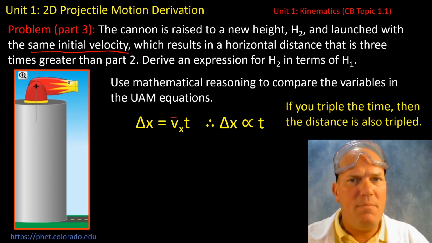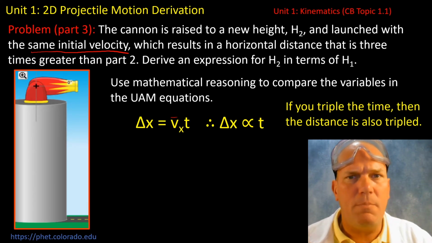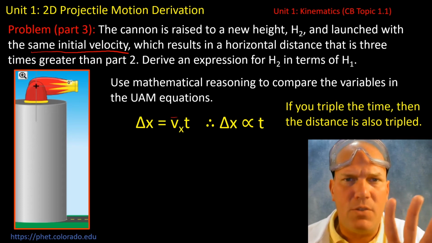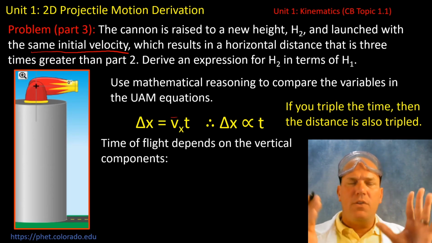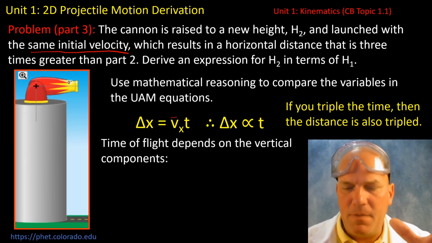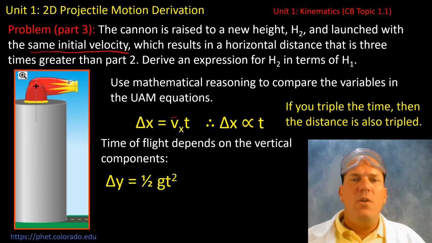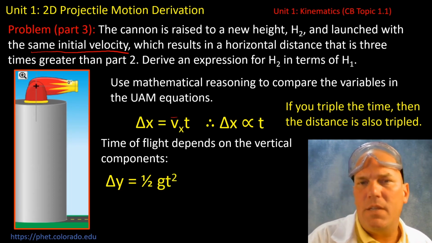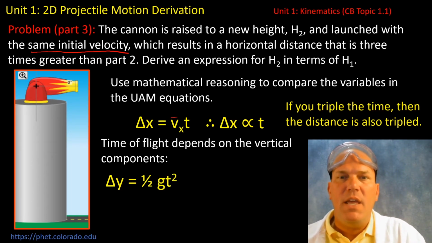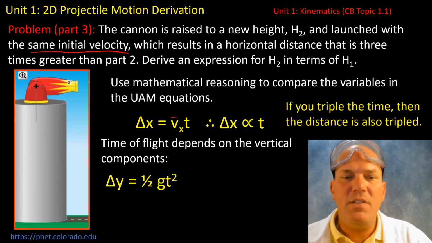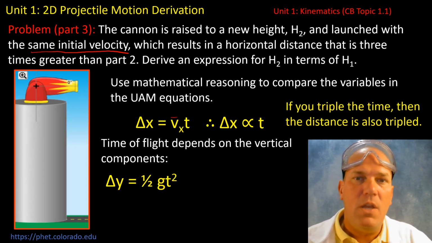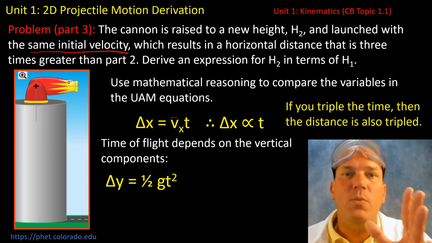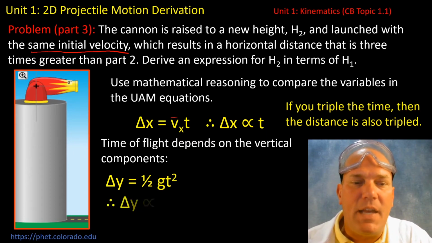But wait, time depends solely on the vertical components, which means let's direct our attention to the motion in the y direction and look at time of flight here. So now we end up looking at the change in vertical position and seeing that when it's related to time, it's actually related to time squared. That means there's a quadratic relationship here between the height and the flight time.